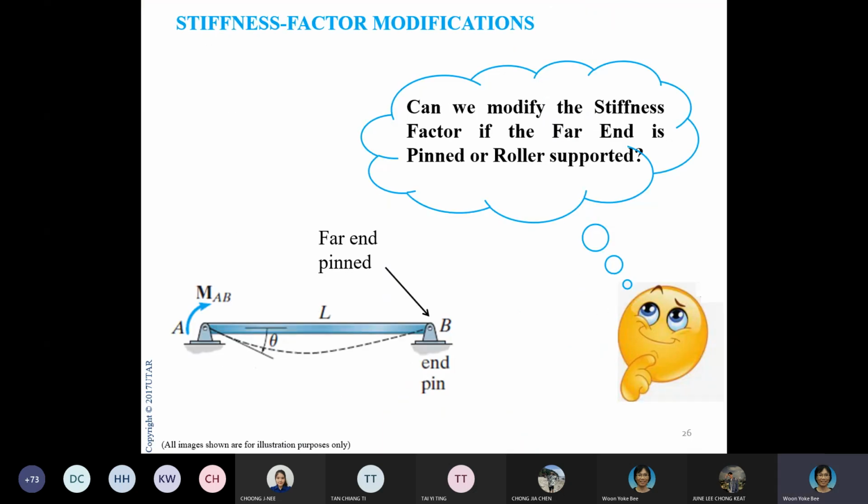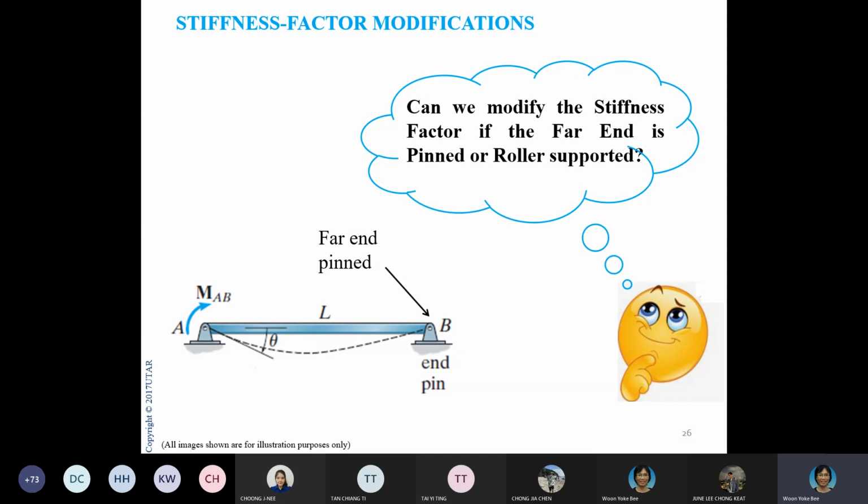Okay, so now that you know how to analyze continuous beams, where your far end is fixed and all that, you know how to find the member stiffness, calculate the distribution factor, and so on and so forth.